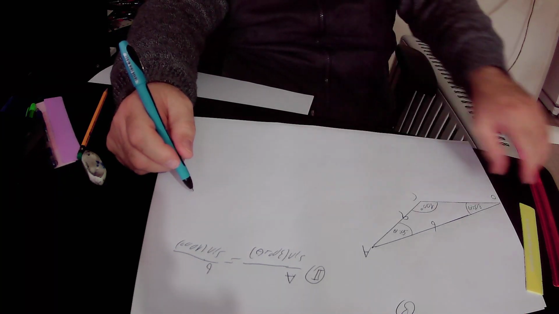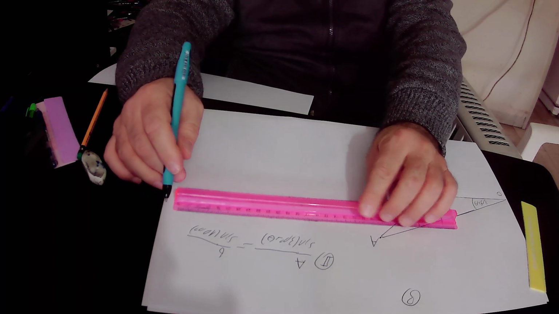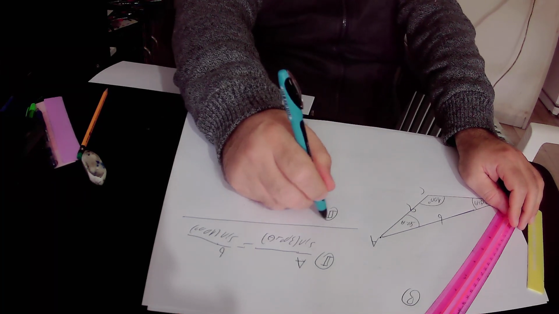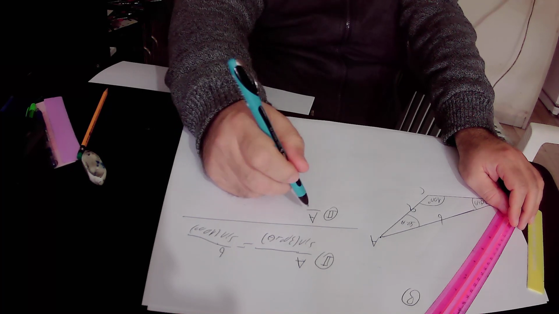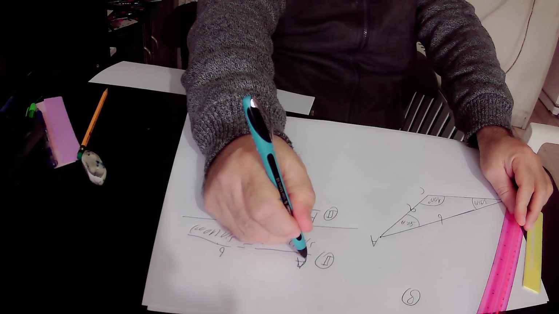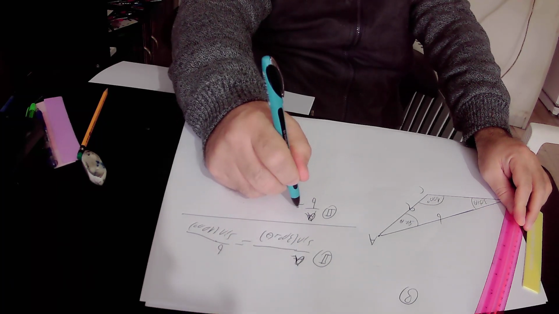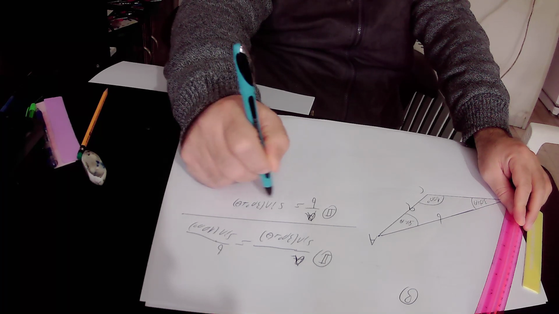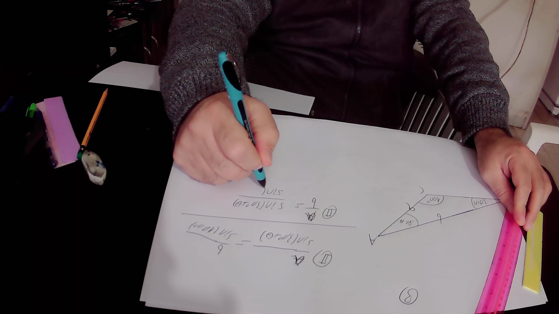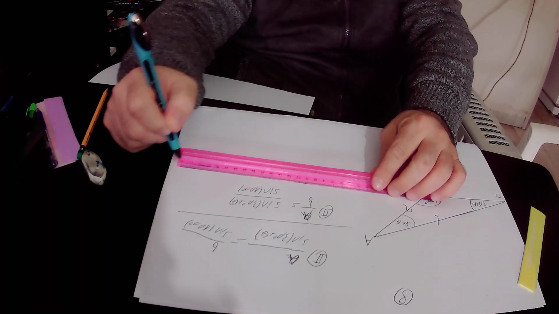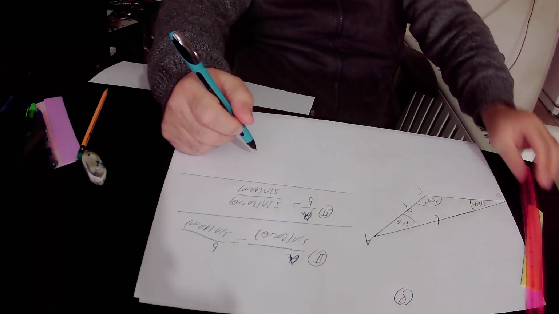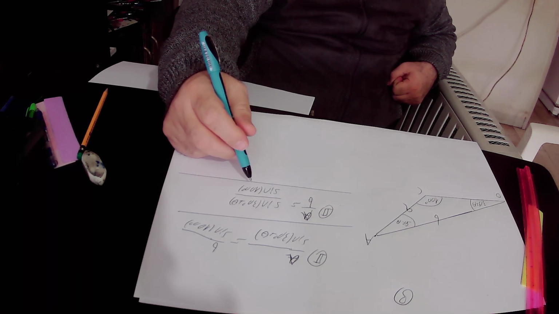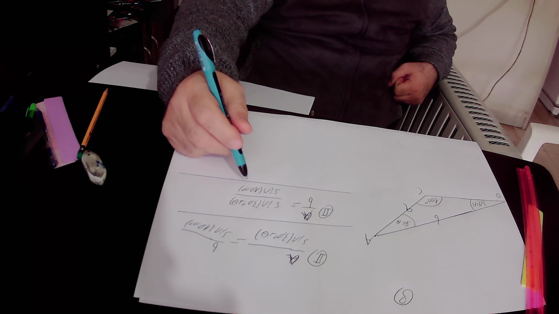So here we will divide this equation number 2 by B, and then we will multiply it by sine 30 degrees plus theta, and we will get that according to equation number 2, A over B equals sine 30 degrees plus theta over sine 100 degrees.